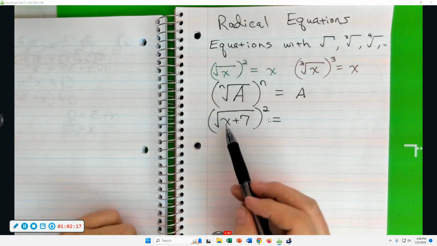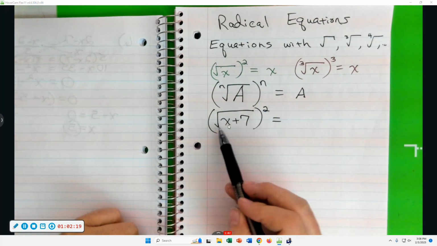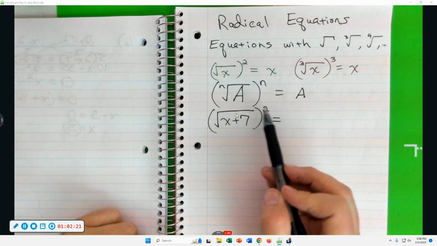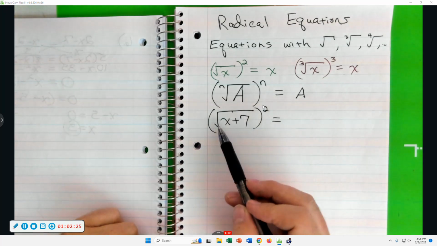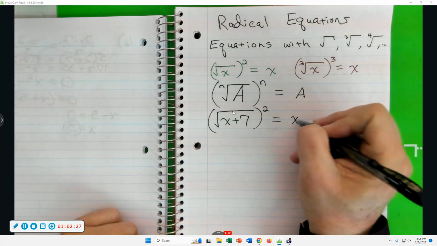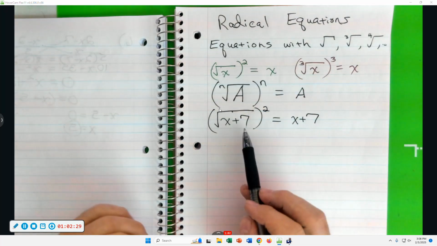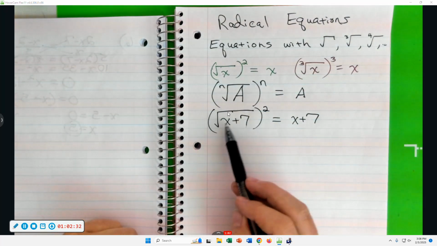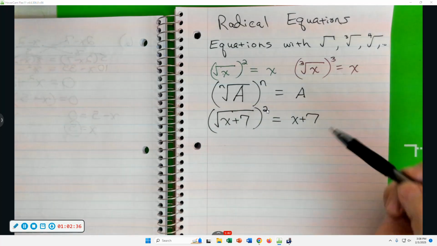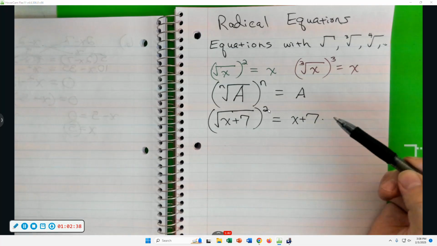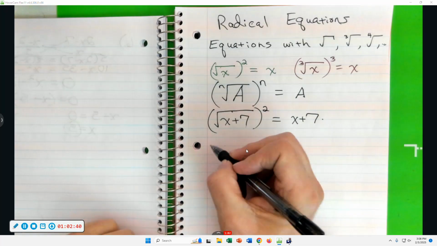As long as everything is under the square root, that square will undo the square root, leaving you just the radicand, x plus 7. As long as everything's under the radical and you're squaring a single radical, things are fine. You've eliminated the radical.